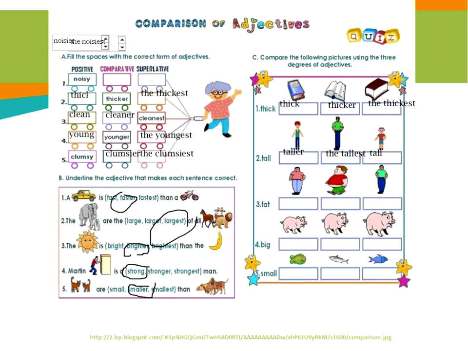Here you have this fast. Fast. Here, this is fatter. Fatter. This is big. This is bigger. And this is the biggest. Here you have a fish.